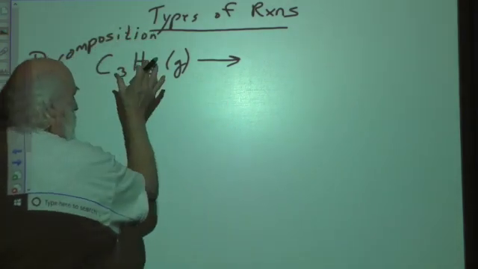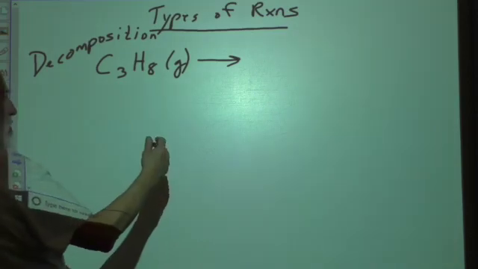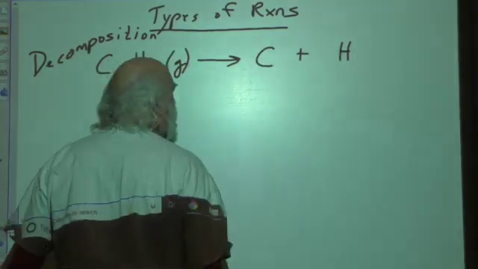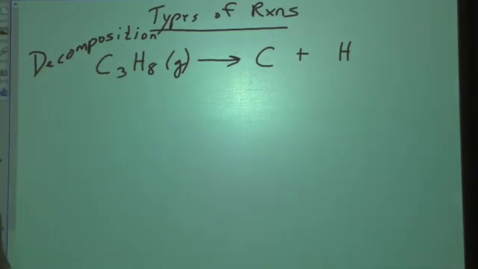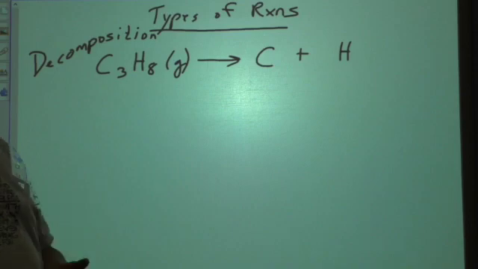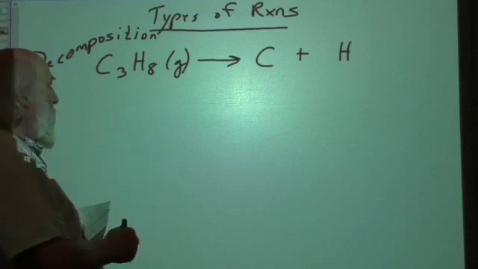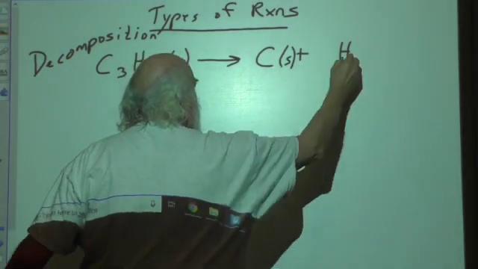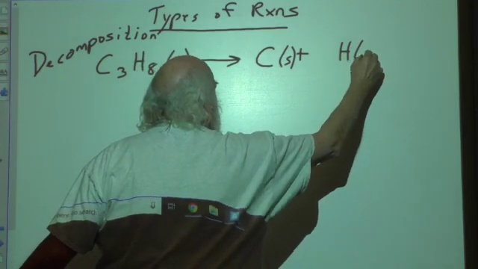So when you decompose a compound, you're going to break it down into its elements, into carbon and hydrogen. Okay? Now, there's a number of things we have to do with an equation like this. First of all, phases. What's the phase of carbon? It's a solid. What's the phase of hydrogen? It's a gas.